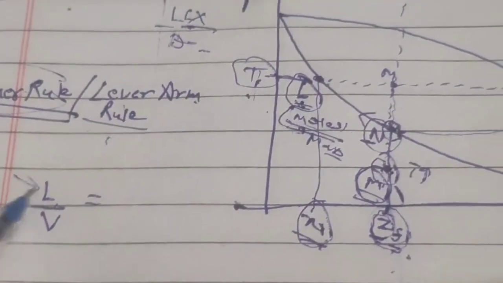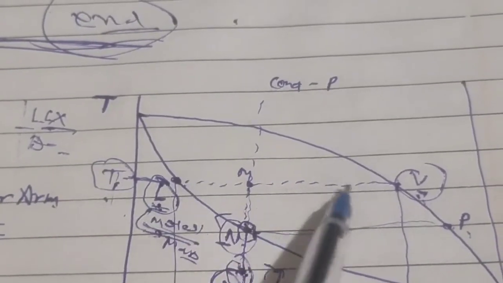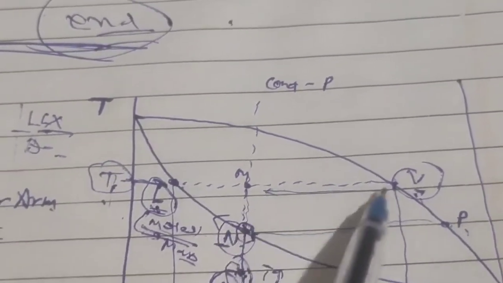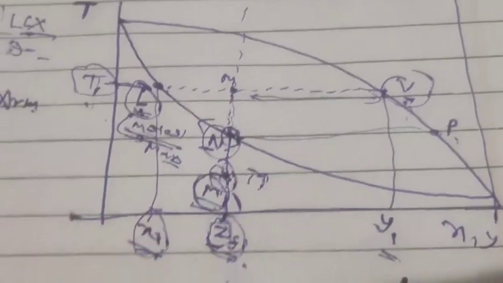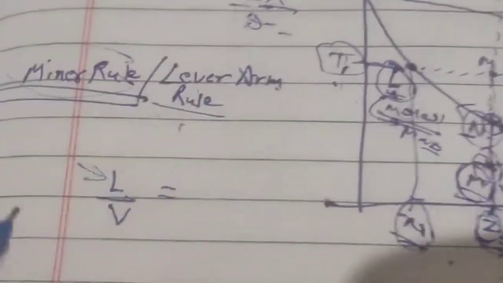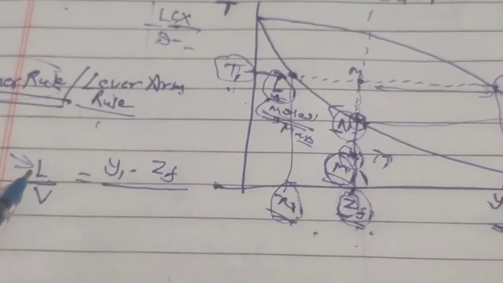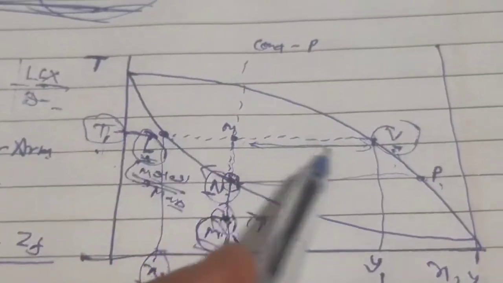L is in the numerator, then you take the length of this section. Let's see how it works. What is the length of this section? It is y1 minus zf, right? So you have to write it like this, L by V. So we have a line.